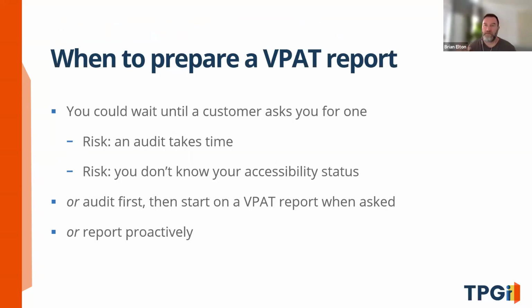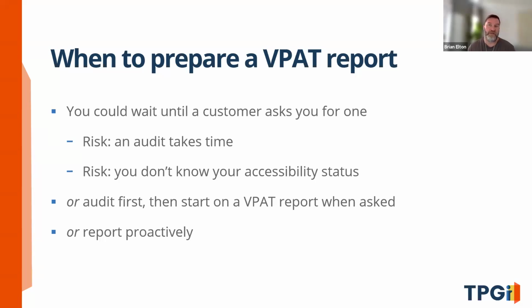Well, you could wait until your customer asks you for one, but there are a lot of risks, and we talked about some of those. An audit takes time. It is not a quick process. The bigger and more complex a product is, the bigger the representative sample is, and the longer it takes to do that audit. So it could take a long time to produce a VPAT.